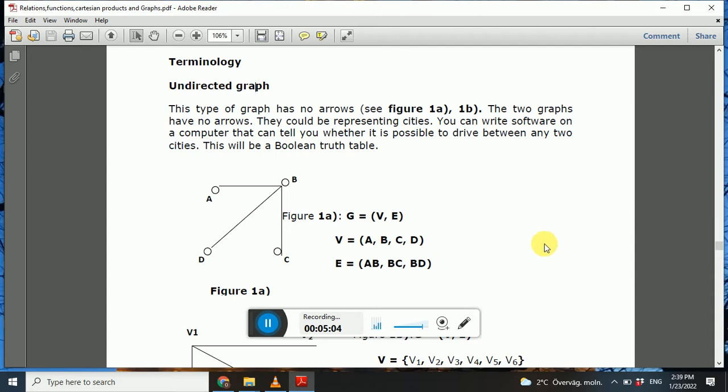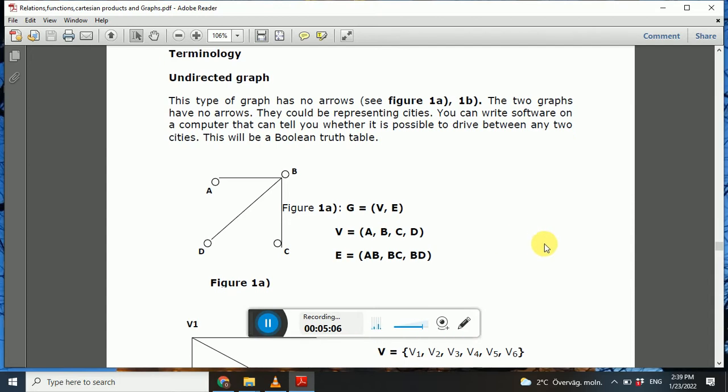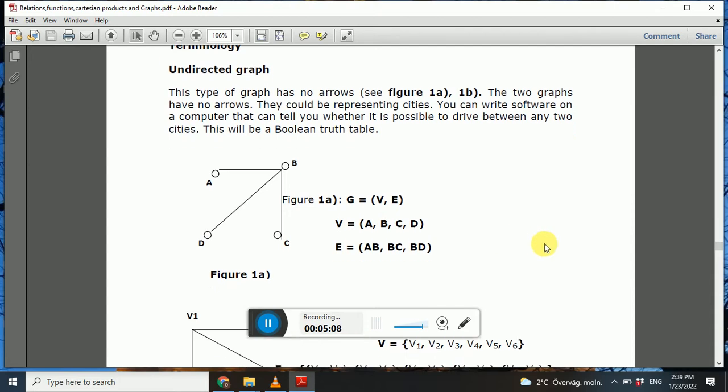Okay, so that is what an undirected graph is. We don't have arrows. And the opposite of an undirected graph would be a directed graph. So if an undirected graph has no arrows, then its opposite, which is the directed graph, will have arrows.